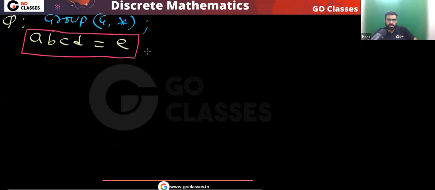For example, if you see ABCD is equal to E, this is my question. You have a group G comma star. Now you tell me, if you see this equation, what will you do? What are the things you can get from this?